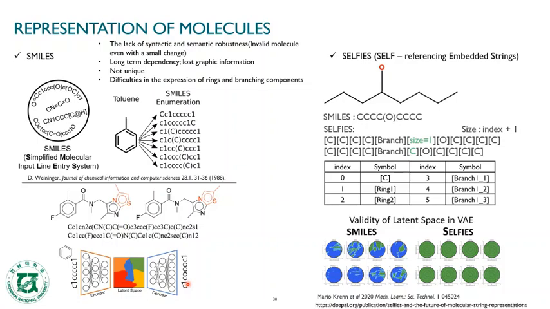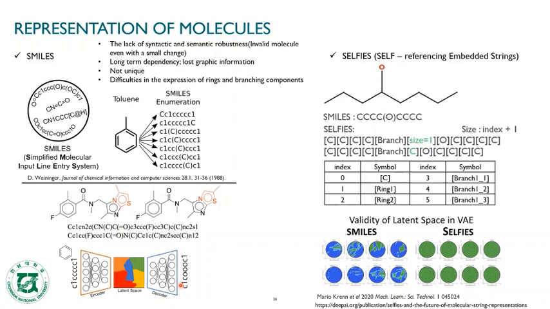And not only this, because branches are marked with brackets, incompleteness in the bracket notation and ring closure symbols can make many invalid structures.